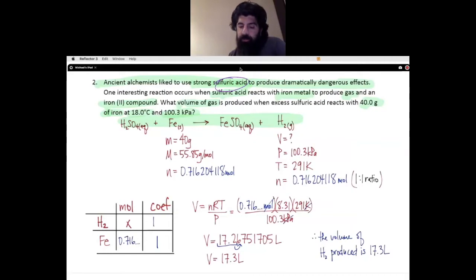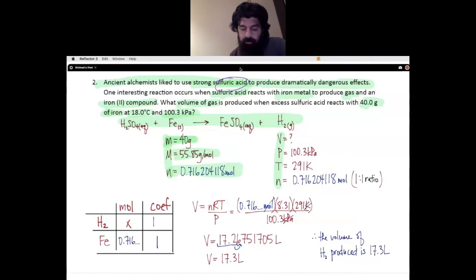Step number 2, list the information underneath. We calculate our moles. I'm given the mass of something, I could find the molar mass of it because we know what the formula is, and we found the number of moles.